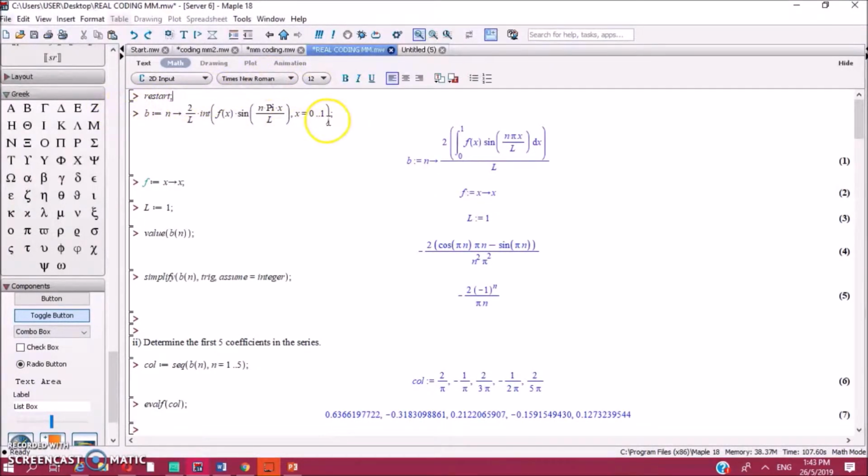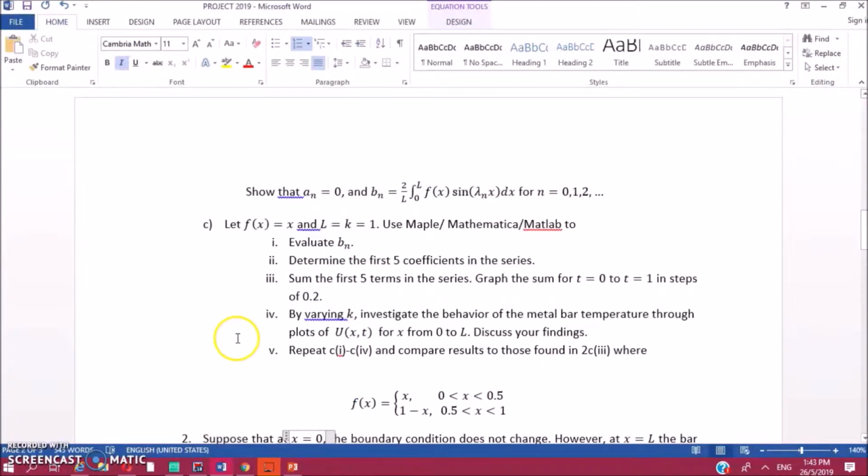Okay, and then after we type this, we need to enter, and we need to insert a function. The function here we can get from the question. It's here: function equal to x, L equal to 1, k equal to 1.